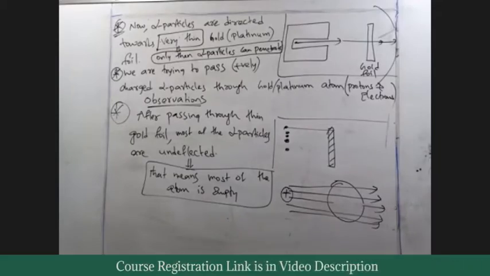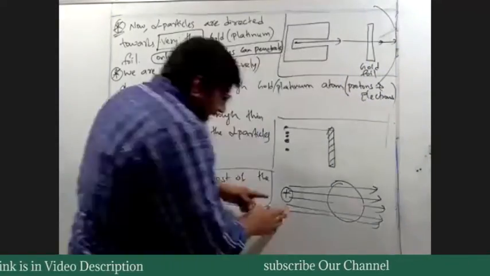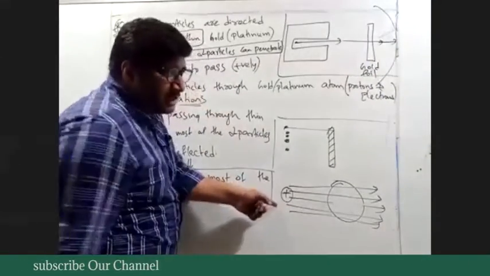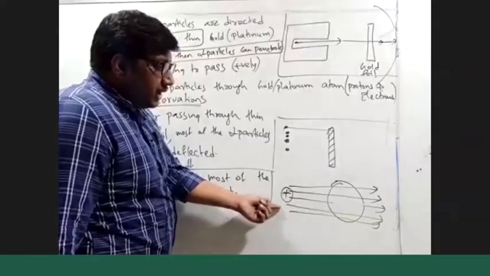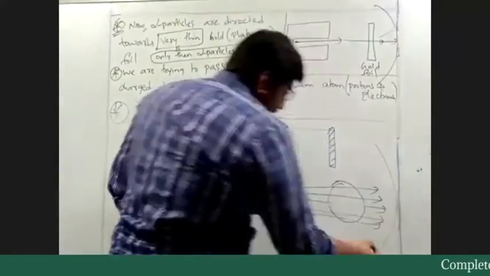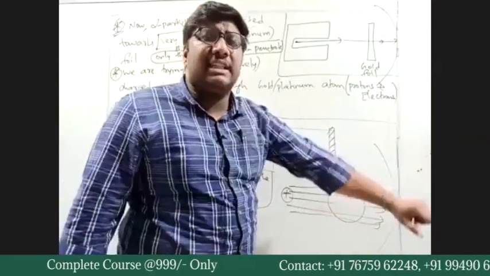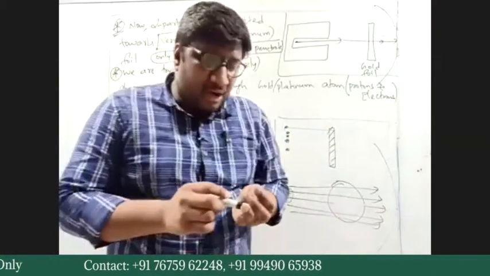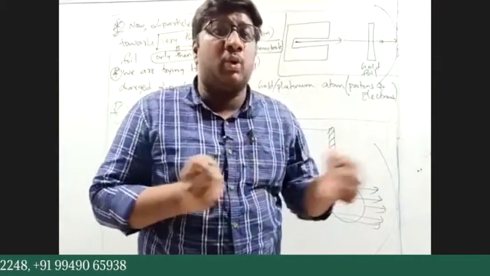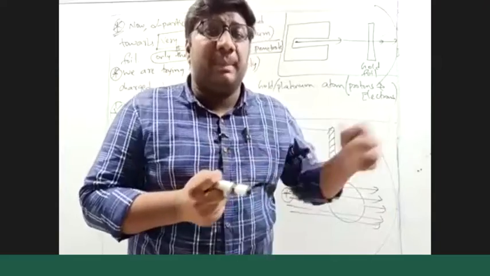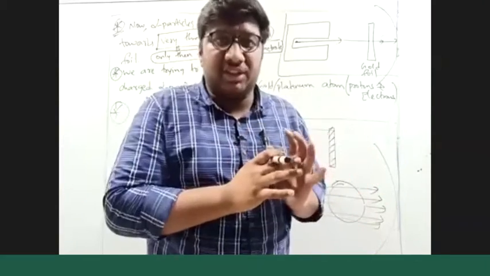Because the alpha particles which are positive in charge, if they get deflected, what do you mean by that? Deflection occurs when we have positive and positive charges, only then they will experience repulsion or any deflection. Yes or no?